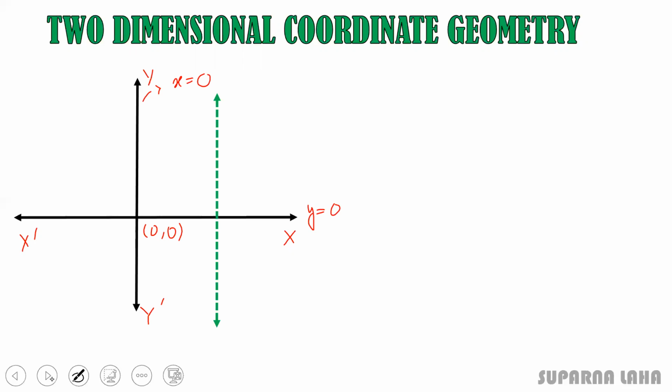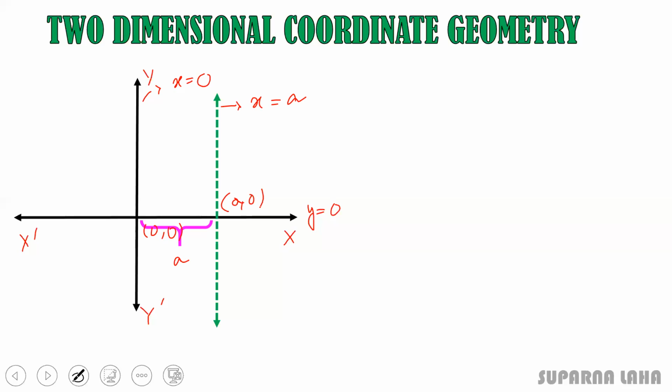Let us take a line parallel to the y-axis, and this distance is, suppose, a. So what should be the equation of this line? x is equal to a is the equation of this line, which is parallel to the y-axis. Since this distance is a and this point is 0, this is a comma 0.